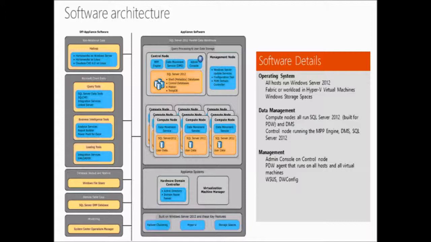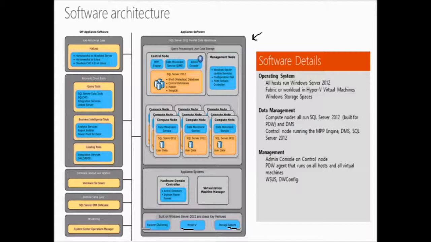We have our appliance, and this dark colored rectangle represents our PDW. Within the appliance, we have three parts. We have down-level failover clustering, Hyper-V, and storage spaces, which gives us the hardware layer.